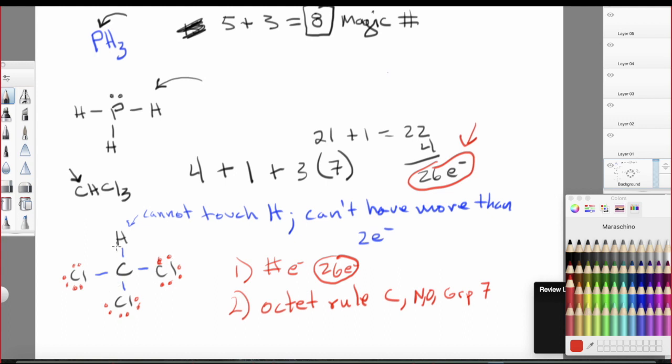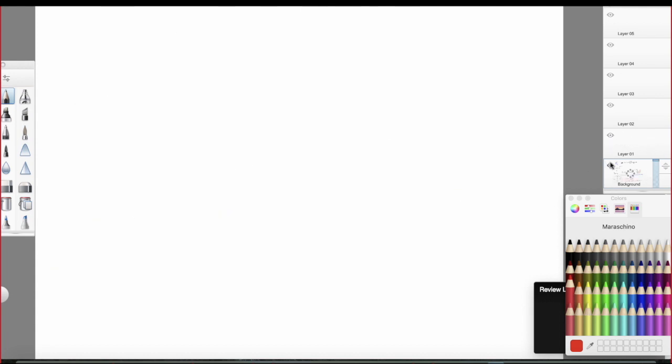All right, so looking at the carbon, we've got 2, 4, 6, 8. Looking at each of the Cls, we just reconfirm that there are 8 electrons around each one of them, and there are. So this structure is most likely the best structure. All right, moving on. The next option here is going to be SBr2.